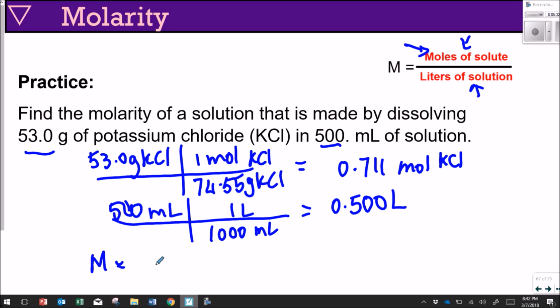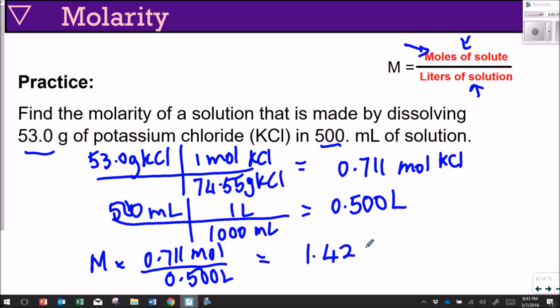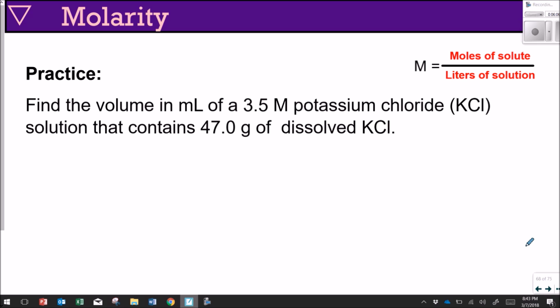Molarity equals moles, 0.711 moles, divided by liters, 0.500 liters, and I get 1.42 molar potassium chloride.